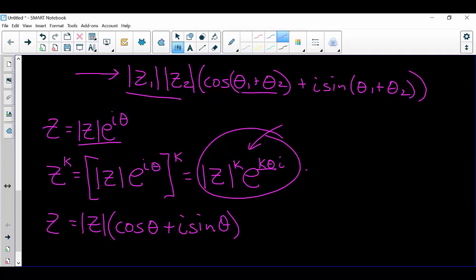This may be something you have to think about a minute, but this is going to be the norm of z to the k times cosine of k theta plus i sine k theta. So raising a complex number to a power k just involves multiplying the angle by k and then raising the norm to the k power.